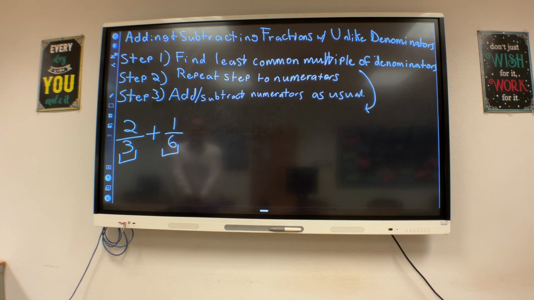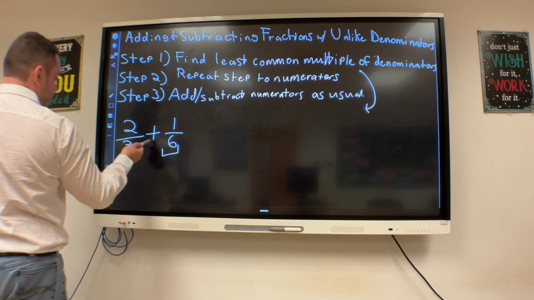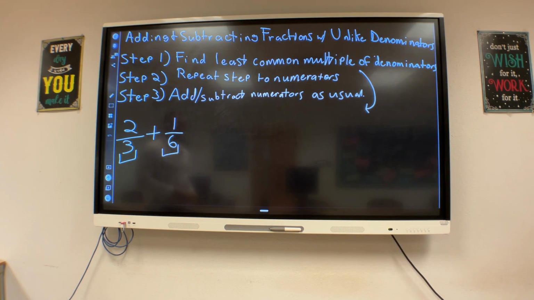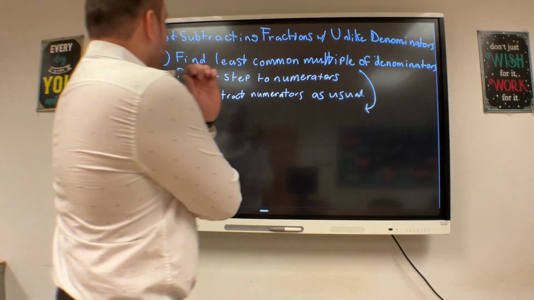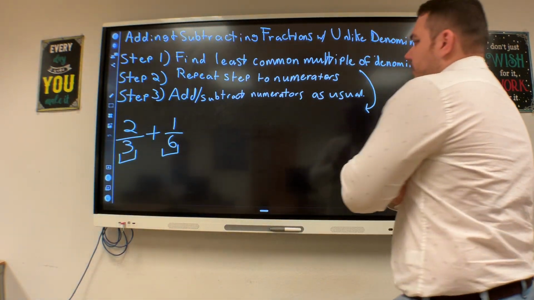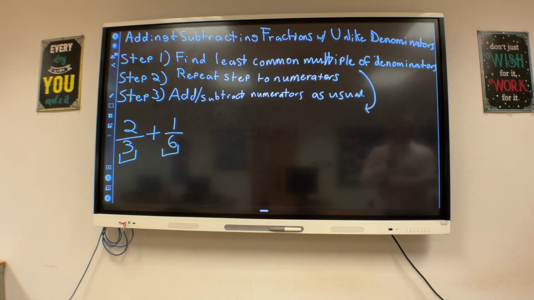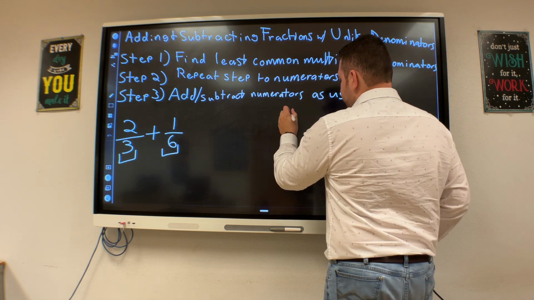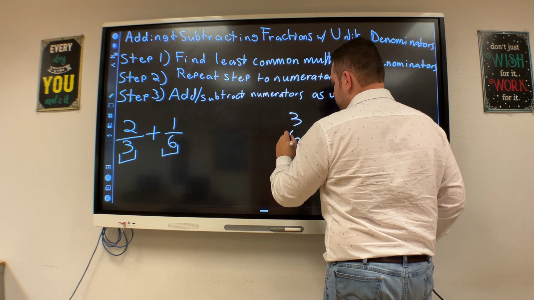But if your denominators are unlike, we got 2/3 plus 1/6, it's still easy, but we gotta do a little more work. So the first thing we're gonna have to do is find the least common multiple of our denominators. I'm not sure if you remember this, if you've gone over this, but we'll go over it real quick.